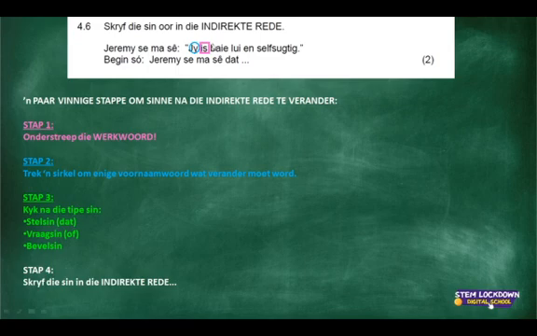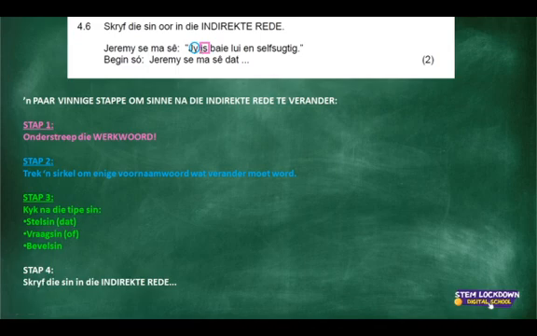So in this case, our verb is "sê." But then stap 2, trek 'n sirkel om enige voornaamwoord wat verander moet word. Please put a circle around any pronoun that has to be changed.